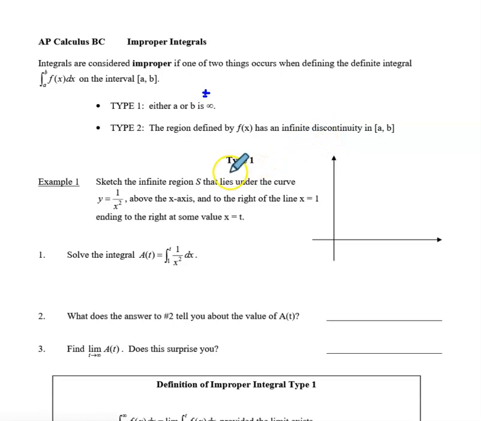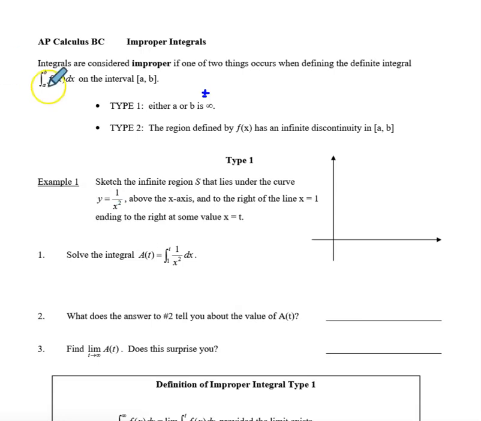So let's start by looking at a type 1 improper integral, and again, this is where one of the limits of integration is an infinity. We're going to start by drawing the graph of 1 over x squared, and we're going to draw it just to the right of the y-axis, so it's going to be here.